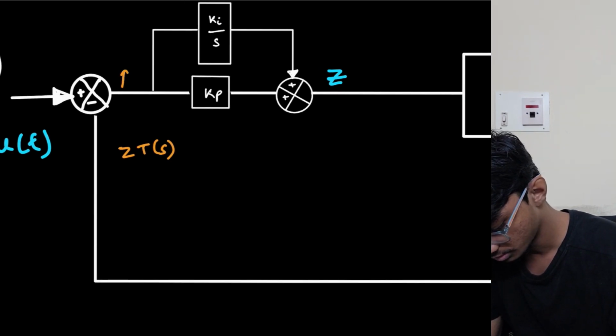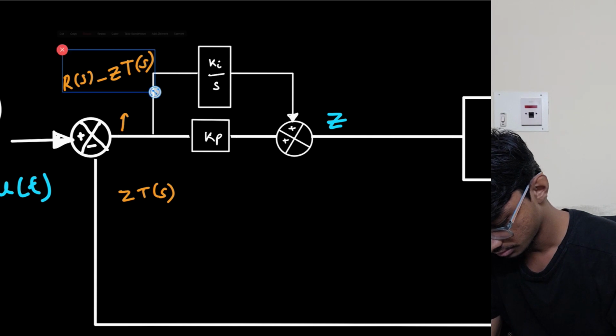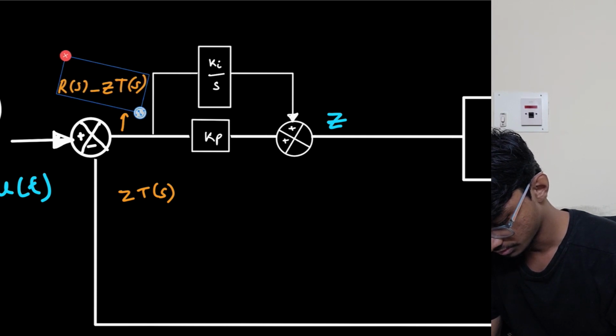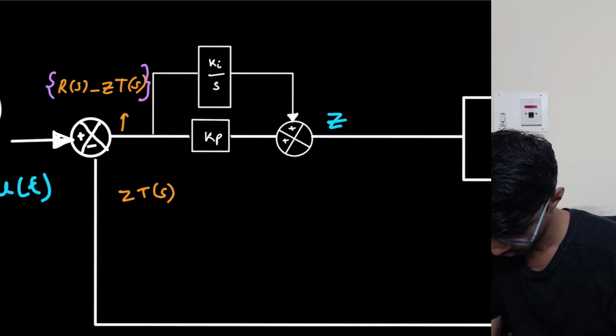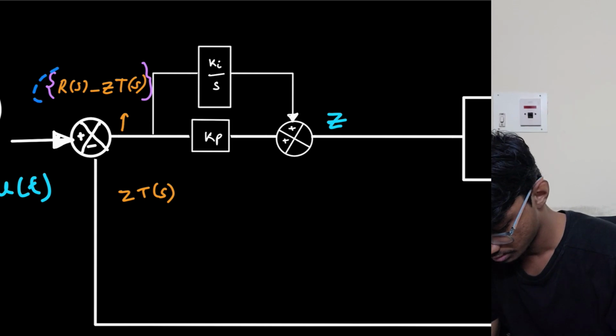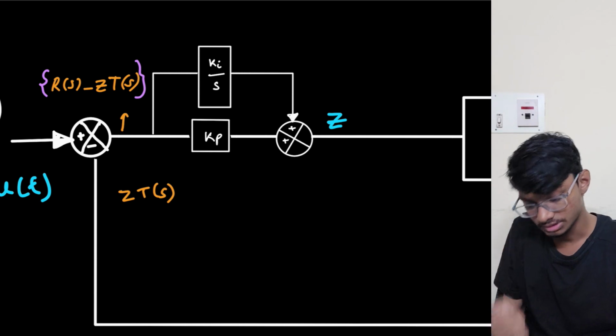So this point will be called r of s minus z into t of s, right? So this one will be called this.